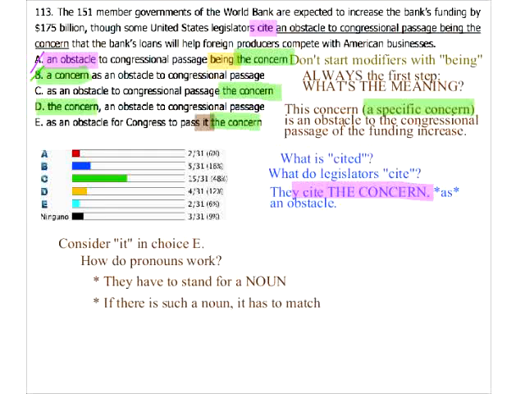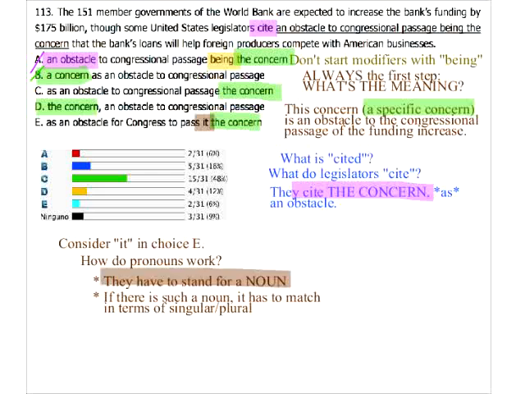And this is really the only thing you need when it comes to dealing with like 99% of pronouns. So you really want to make sure that you're not overcomplicating these issues. So pronouns have to stand for a noun. Well, does that happen? Let's address that issue.